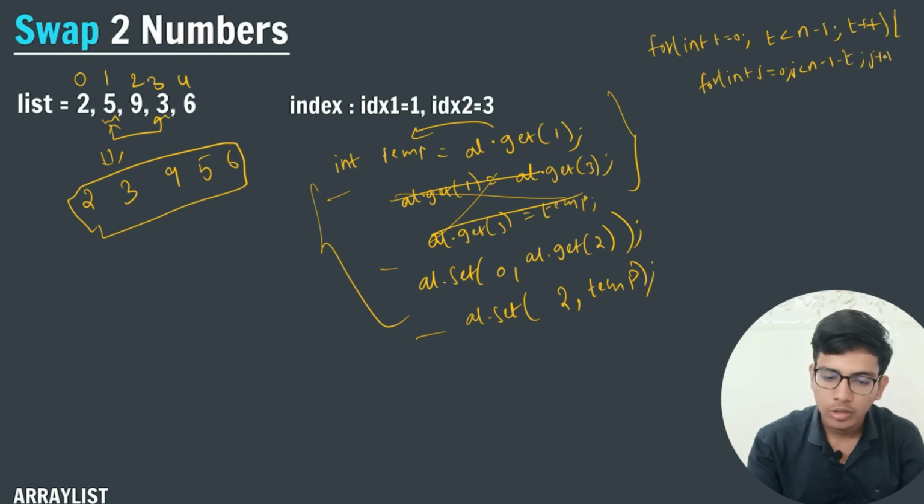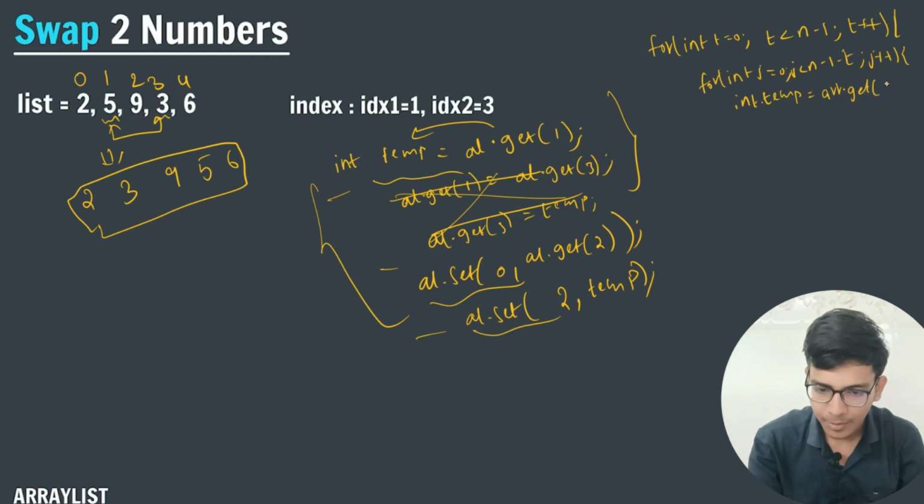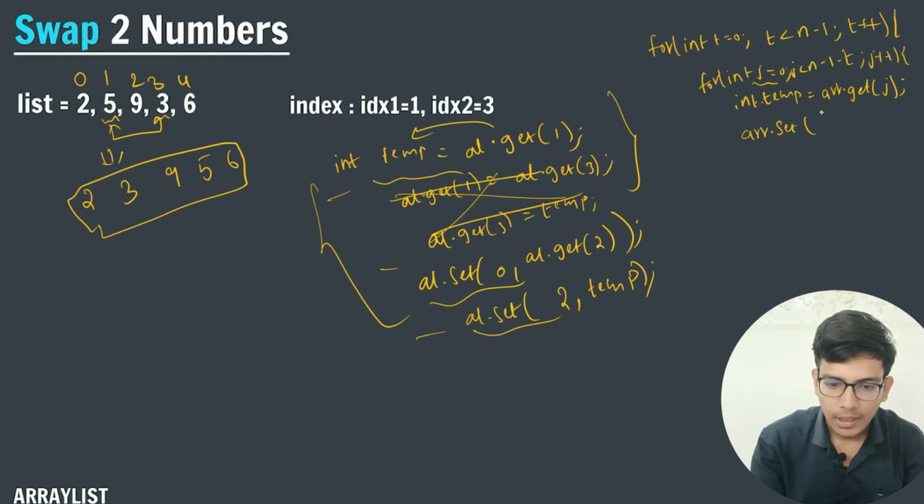In this, what we used to do is swap. So we will write these steps inside our bubble sort algorithm. We will write int temp is equal to arr dot get the ith element, that is the jth element here, because we are using iterator j. After that, arr dot set at the jth position, what we used to set?